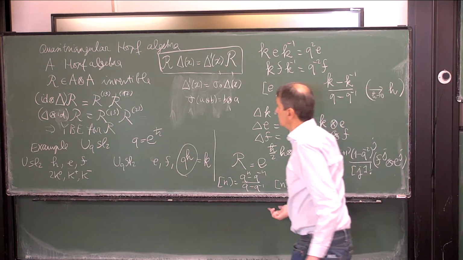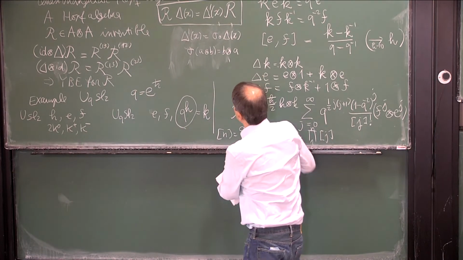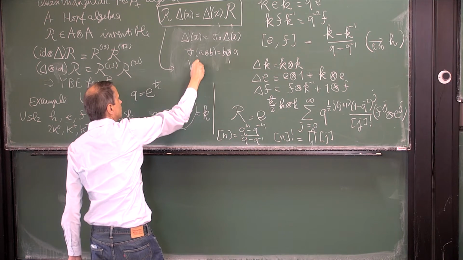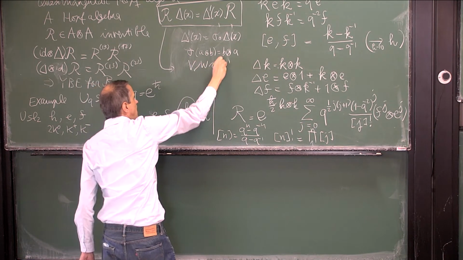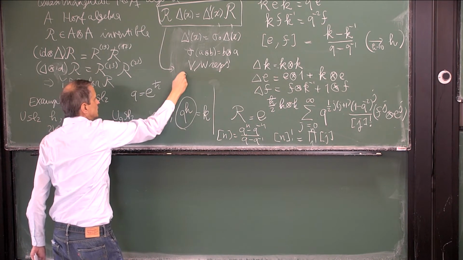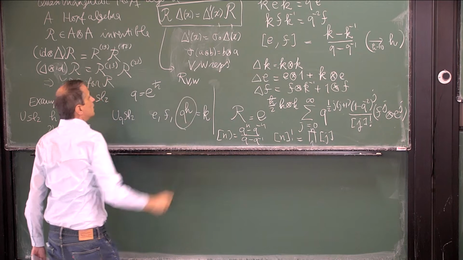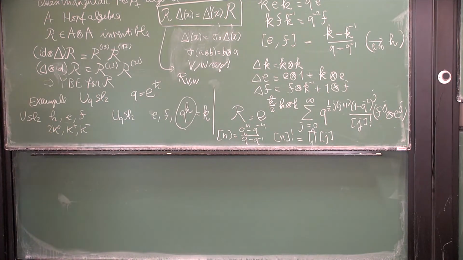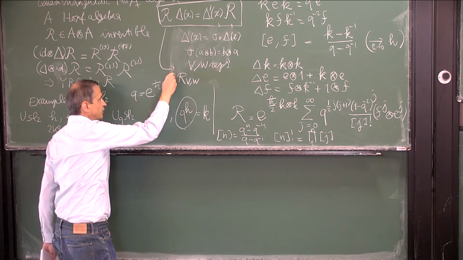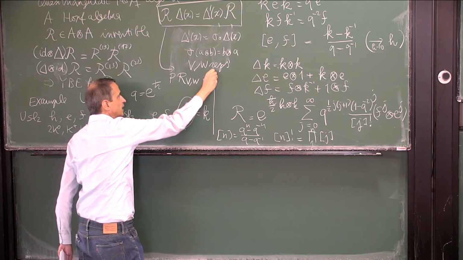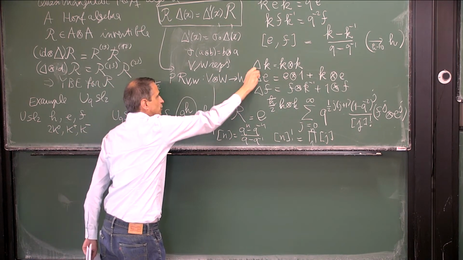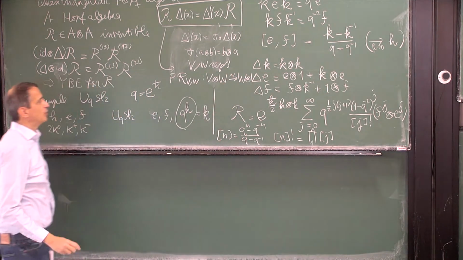I mean, this will say that if you have any two representations, V and W, and you evaluate your R matrix in these two representations, and then you compose with the permutation of factors in the representation, this will be an isomorphism between the two orderings, an isomorphism of representations.